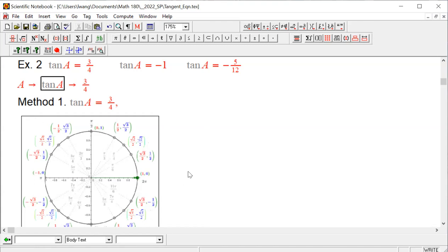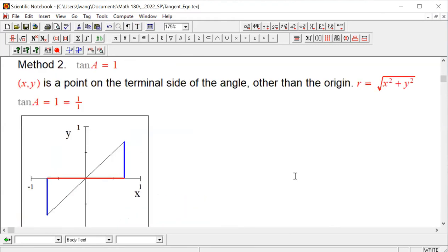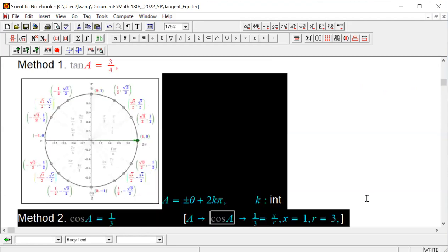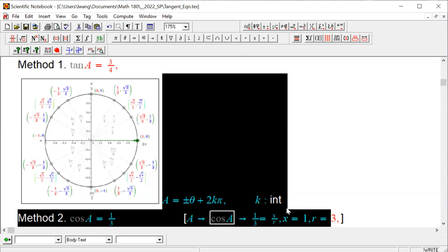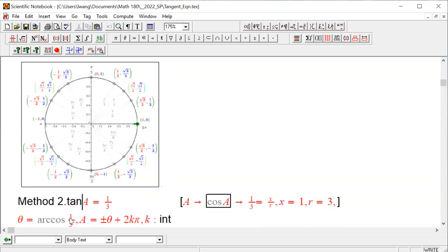At this point, I think I'm going to combine method 3 with method 1 and method 2. Hold on. Okay, sorry. I'm going to combine these two methods because in the next method, we're not drawing out of a unit circle. We're just drawing arbitrarily, right?